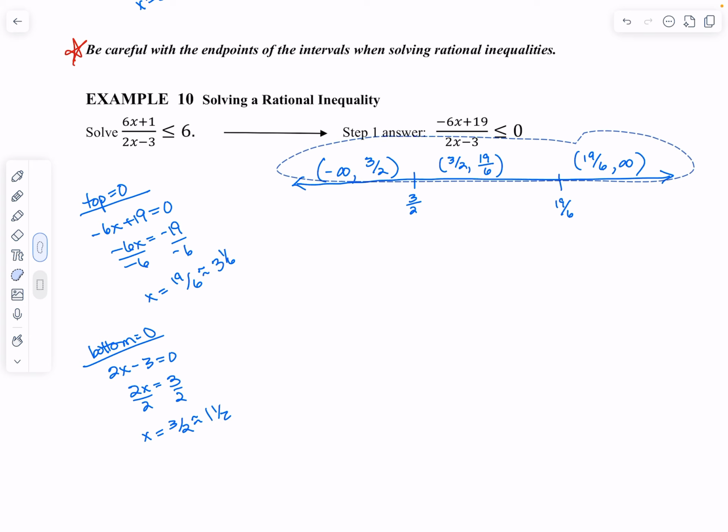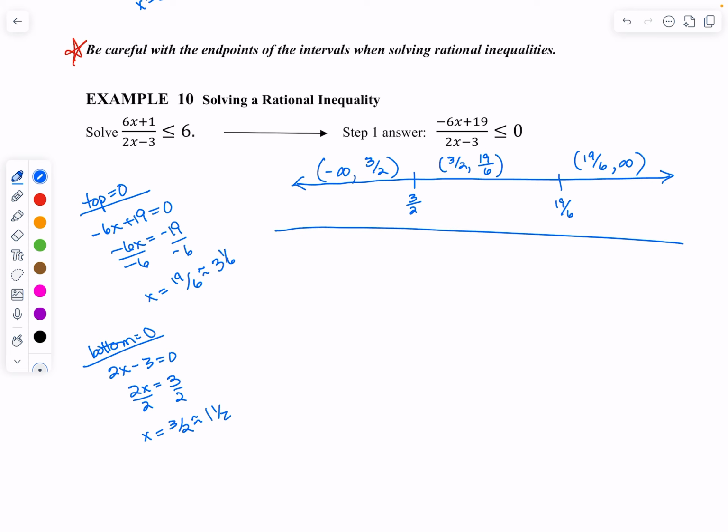All right, so now I'm going to figure out what the sign is in each one of those cases. I usually just do the top. Here my top is 6x plus 1, and the bottom is 2x minus 3. I usually do one at a time.